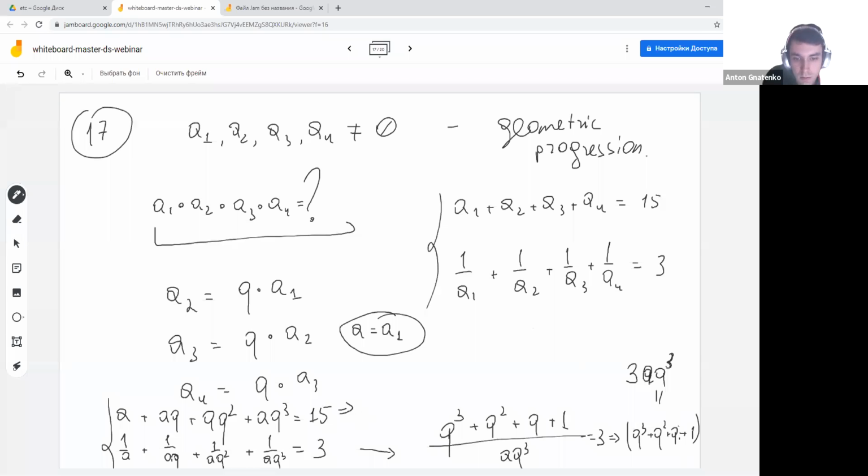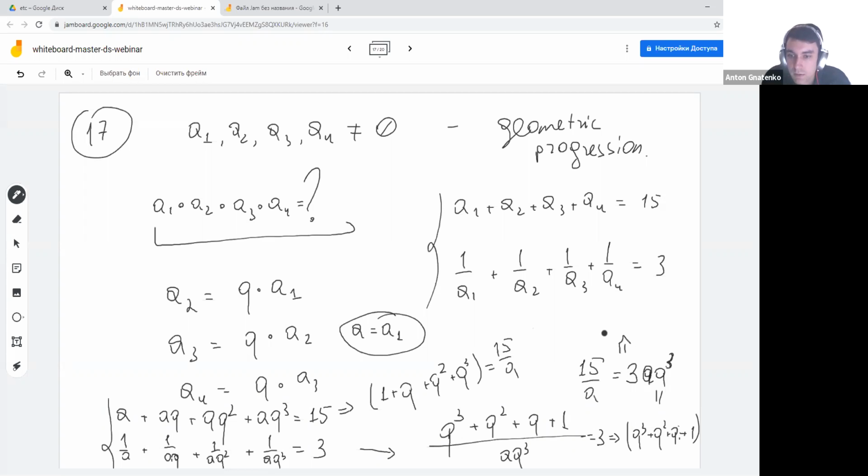On the other hand, from this, I can divide both sides of this equation by A and find out that this particular sum we have here equals 15 divided by A. But we have this sum equals 3A Q cubed, and this very sum equals 15 divided by A. Hence, these two are equal.